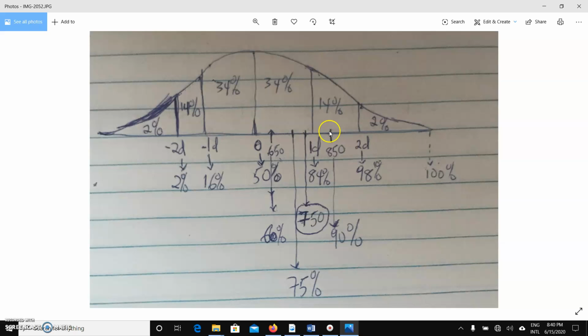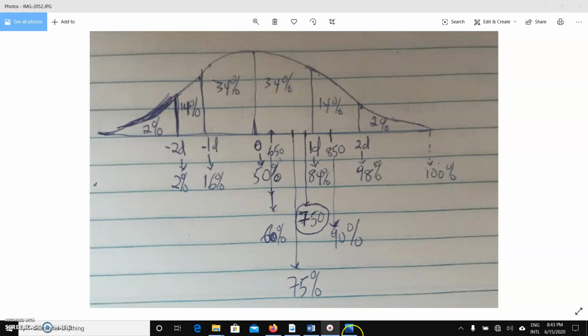So if you add 6%, if you look at it, 6 and 8, this is where you're going to locate your 90. So that's why we have 850 here.